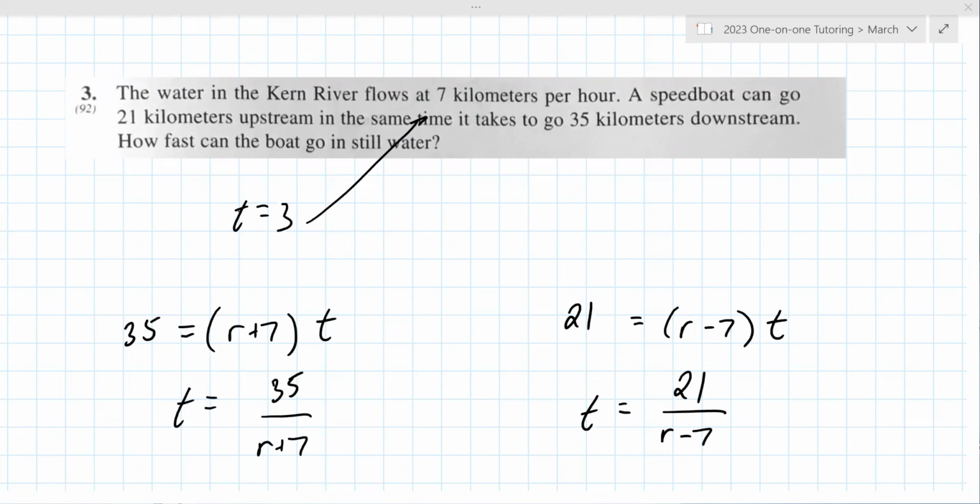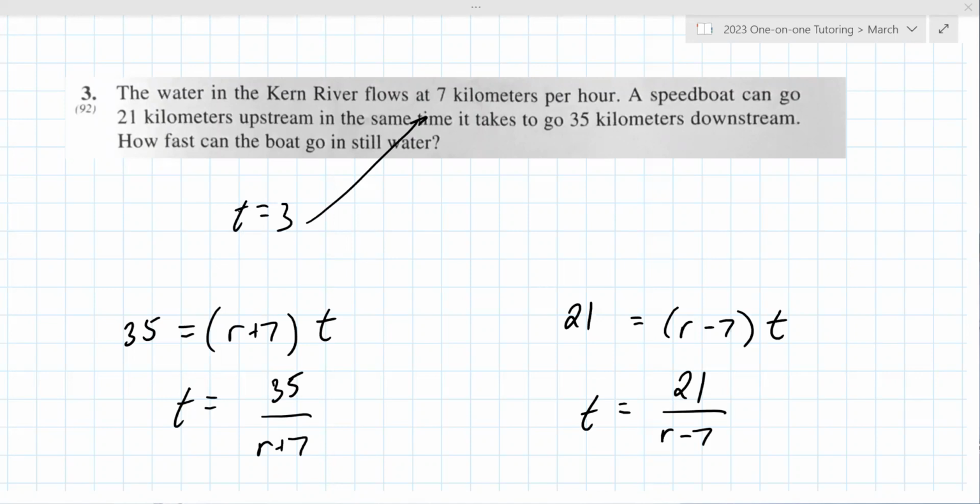Let me know if you've got an answer. Okay, r equals 28.